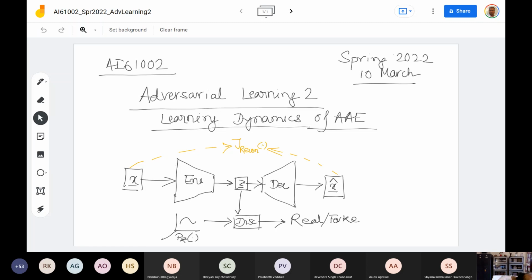The gradient of that backpropagates through both of these networks. So you will have nabla J recon going through this, as well as nabla J recon going through this.